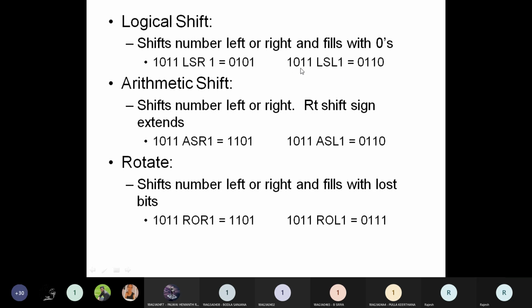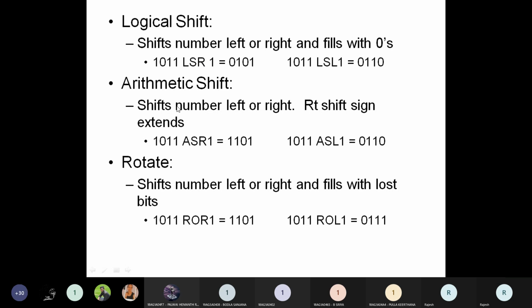So 011 will come and be placed in the 3 places, the MSB 1 is eliminated, and in the LSB bit 0 is placed. So here, for right shift, 0 is placed in the MSB. For left shift, 0 is placed in the LSB. So that is called logical shift.